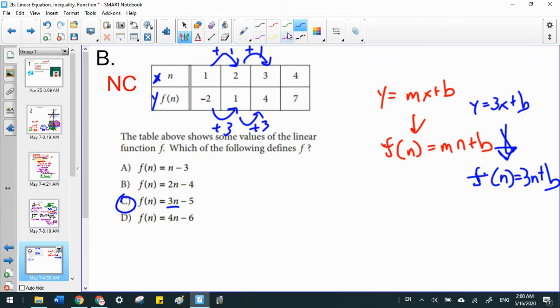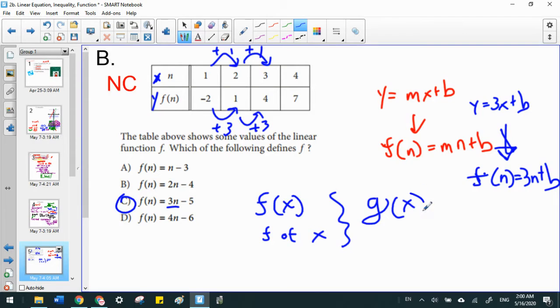And one more thing I wanted to tell you about functions is that in the lesson I showed you and in this example, the function is defined as f. Not all functions need to be defined with the letter f. This reads as the formula f of x, but you can also get situations where you get g of x, which is just a different function, but now it's working off the formula of g.